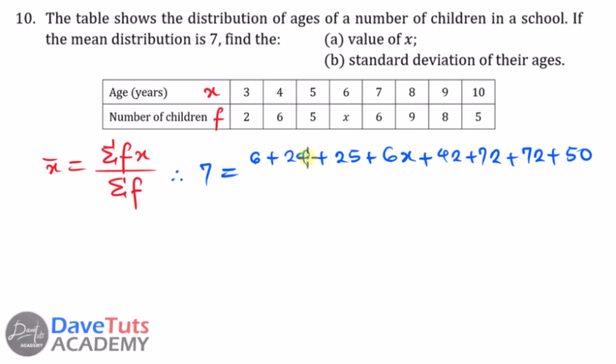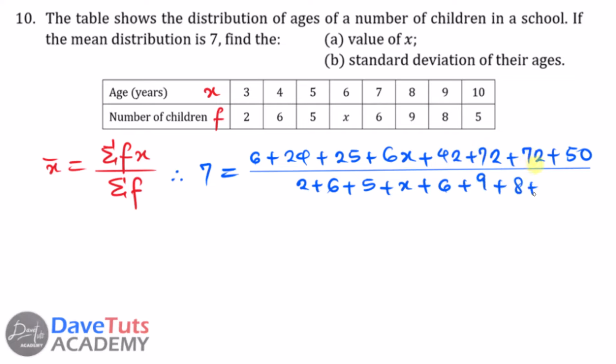So all of these, which is summation of fx, we are dividing by the sum of the frequencies, and those frequencies will amount to 2 plus 6 here, plus 5 plus x, we still have as a variable there, plus 6 plus 9 plus 8 and plus 5.